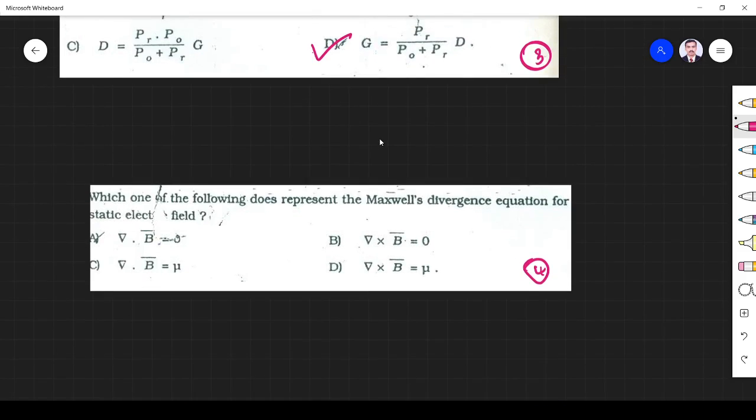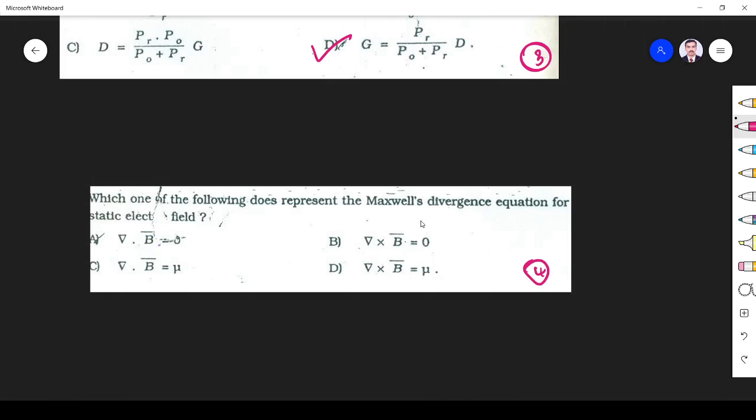Next question, which one of the following does represent Maxwell's divergence equation for static electric field, right? So you see they are talking about static electric field, but the divergence equation. So we know that B is all about magnetic field. Here you see, we know magnetic field won't diverge. When you start from north and go, the lines will start from north and go and end at the north itself, right?